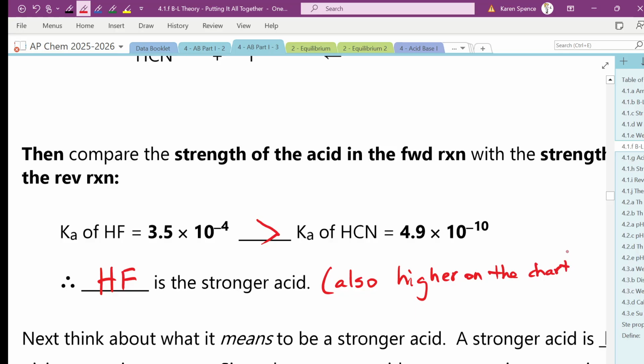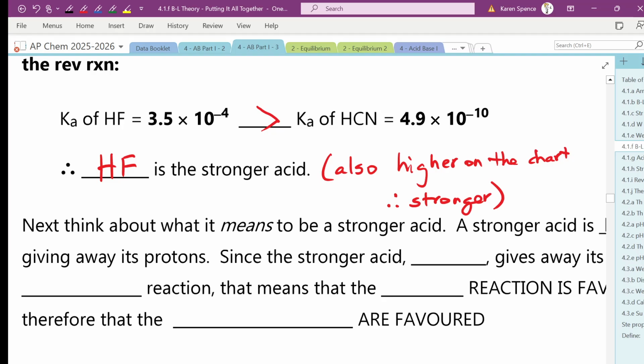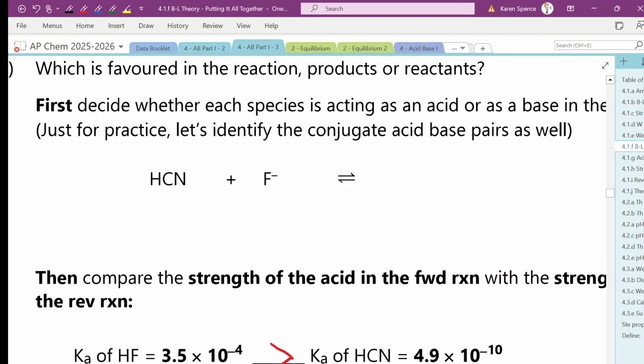You don't even have to look at the numbers. It's not a strong acid, but it is a stronger weak acid. What does it mean to be a stronger acid? What is it good at doing? Giving protons. In which direction is HF giving protons?